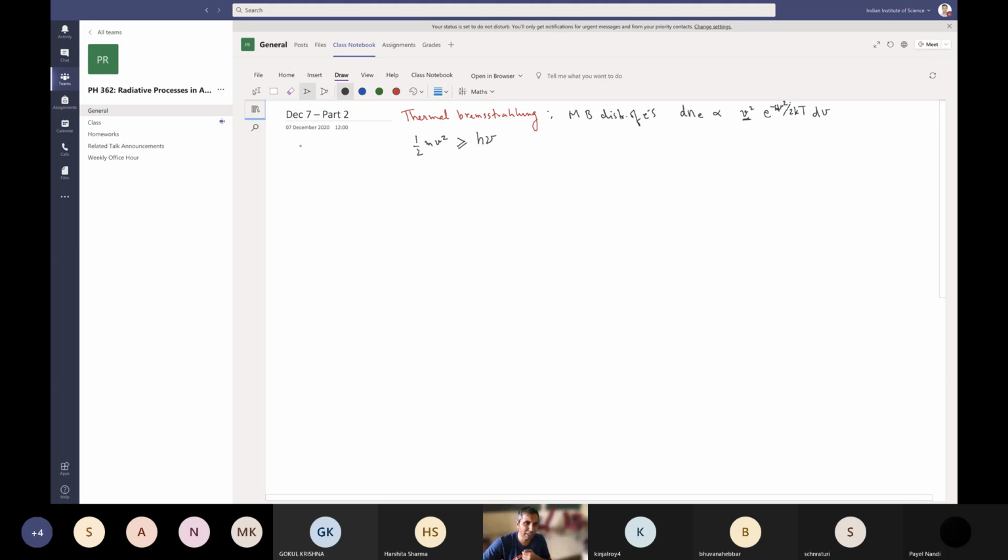So if you have an electron which is getting scattered by a charge, and it emits a photon, this h nu has to be less than the kinetic energy of the electron, because that's where the energy is coming from. So this is where a photon discreteness effect comes in.